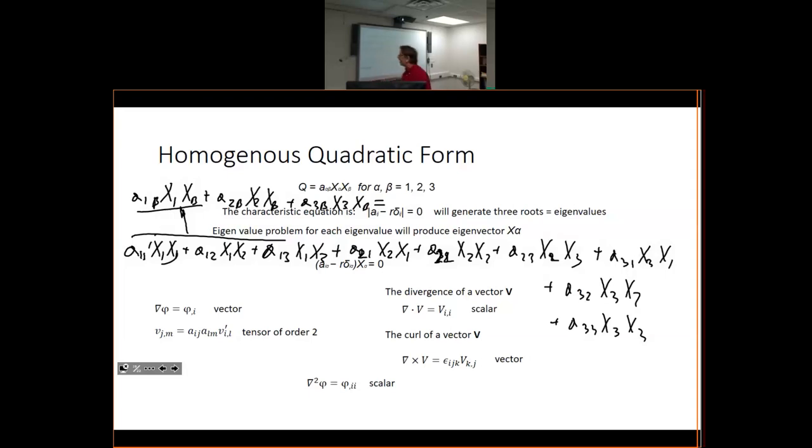reproduced using the eigenvalue problem, which basically is giving you that general formula, giving you 3 roots by taking the determinant of this bracket to be 0, and then you have R1, R2, R3, and plug it back to this matrix, and you will have 3 equations with 3 unknowns.